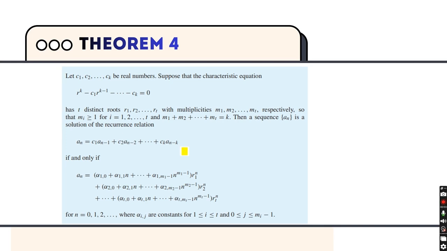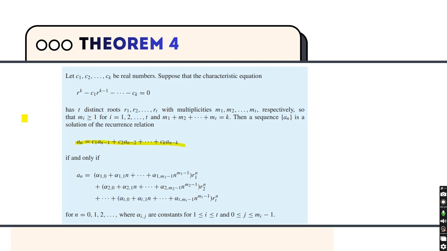Next is the theorem 4. So we want to solve a recurrence relation like this. So this theorem tells us what all possible solutions look like depending sa roots of the characteristic equation.